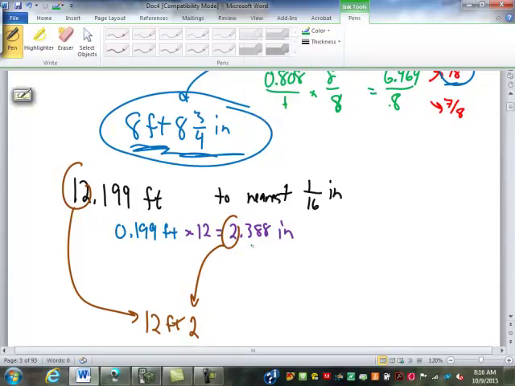And I now have to take 0.388 and put it over 1 so I can turn it into 16ths. So since it's 16ths, times 16 over 16 gives me 16 on the bottom. 0.388 times 16 is what? 6.208, something like that. Is that correct?